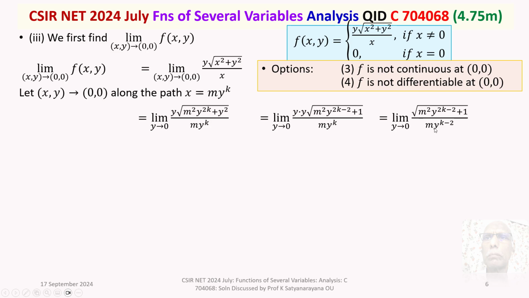In the denominator m will remain. As y tends to 0, it will be 1 by m. So limit y tends to 0 of the square root of m square y square plus 1, by m, when k is equal to 2. So now take the limit, you will get 1 by m along the path x is equal to m y square.